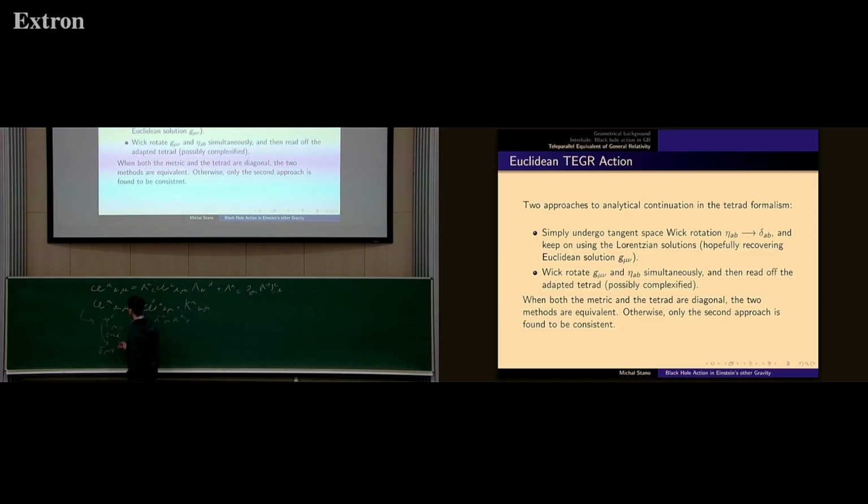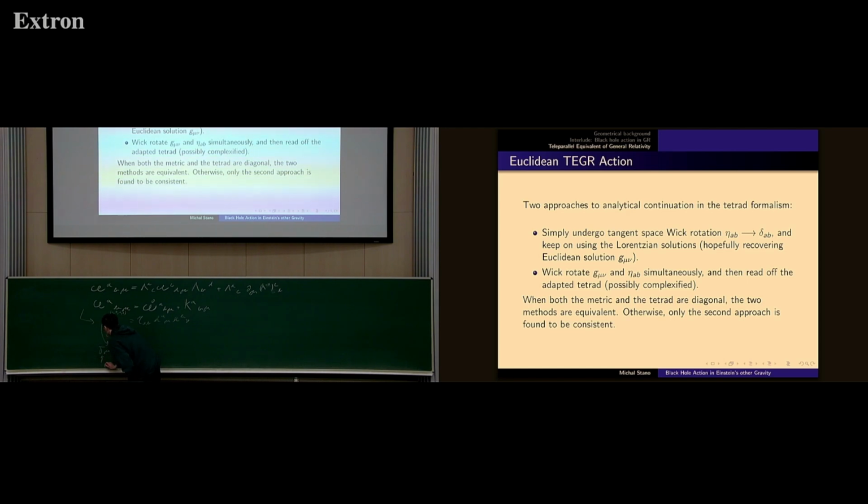Because here the spacetime Minkowski metric is given just as minus plus plus plus. Well, undergoing the Wick rotation will cause the tt component to become positive.